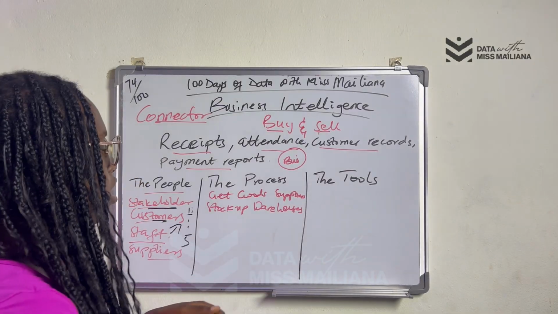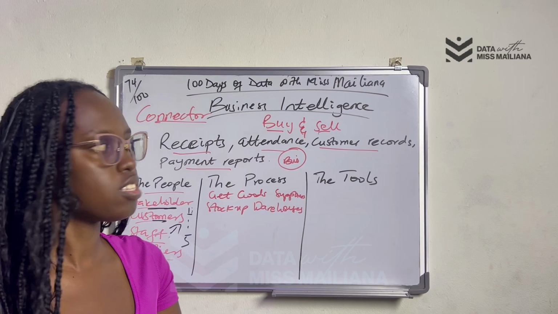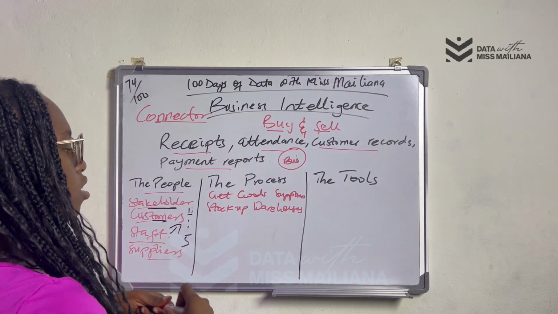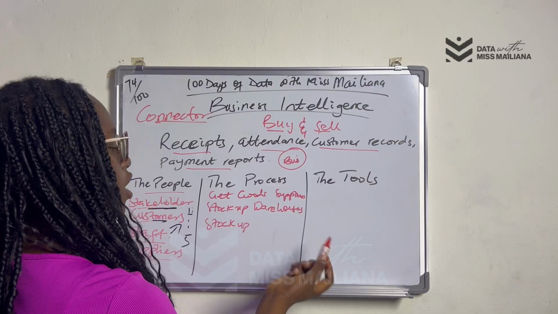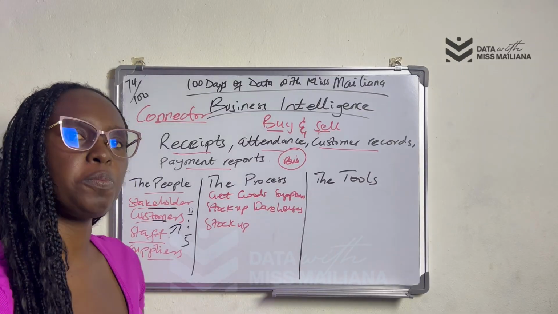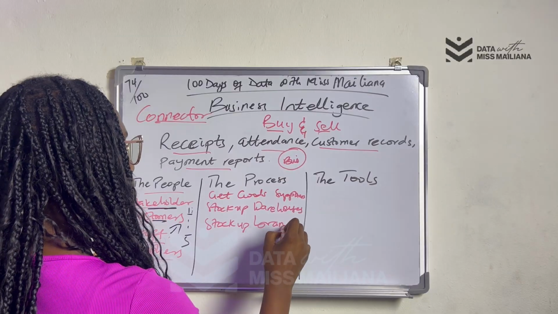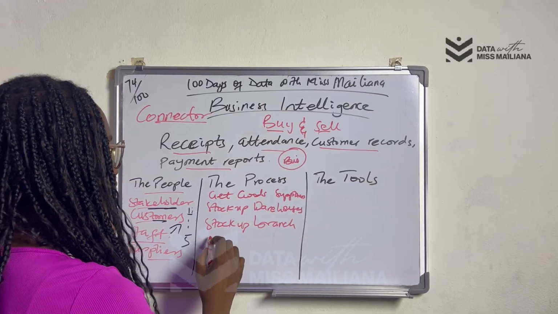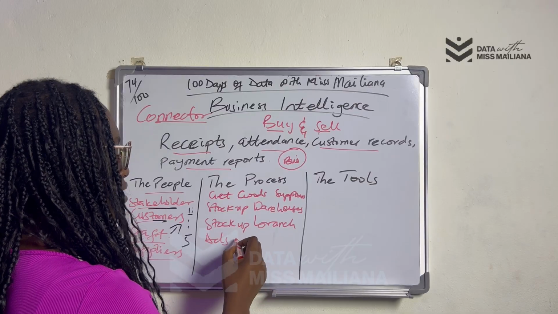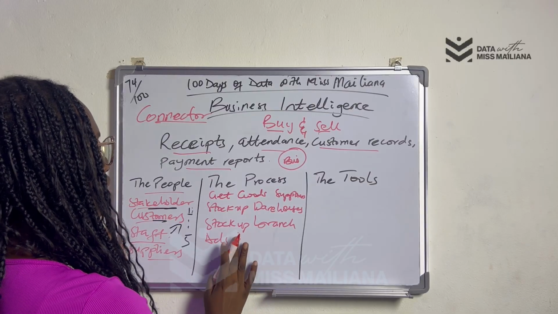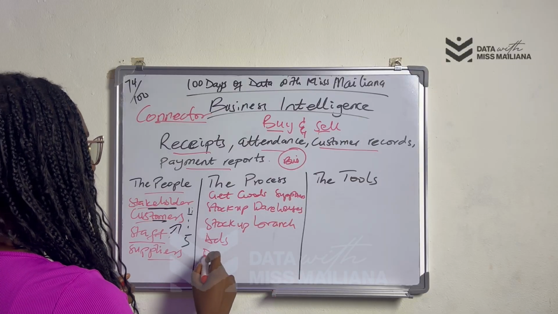What's another process that is involved? We stock up the shop, or should I say branch? Okay, let's say branch. We stock up the branch. Ads go out, ads and marketing. But also daily sales.